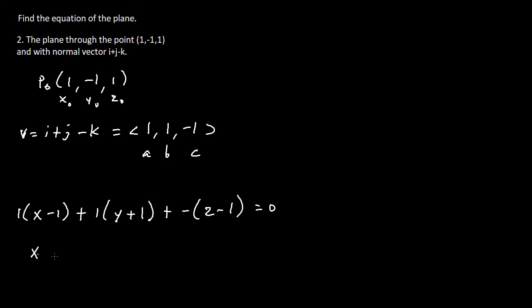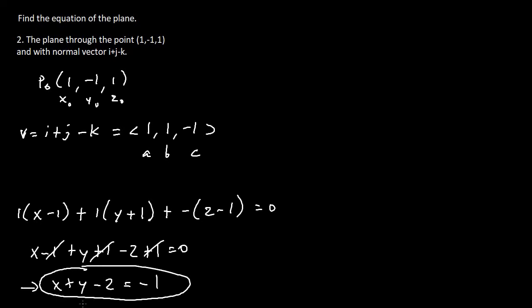So we're going to get x minus 1 plus y plus 1, and then minus z plus 1 is going to equal 0. So x plus y minus z is going to equal, now negative 1 plus 1 will cancel. We have another 1 here, and if we subtract that to the other side, we'll get negative 1. So x plus y minus z equals negative 1 is going to be the final equation of the plane.